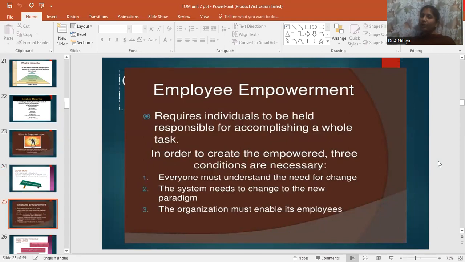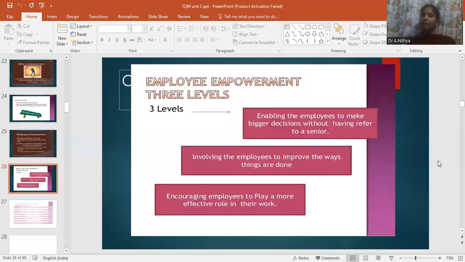In order to create empowerment, three conditions are necessary. One is everyone must understand the need for change. The second one is the system needs to change to the new paradigm. Then the third one is the organization must enable its employees.